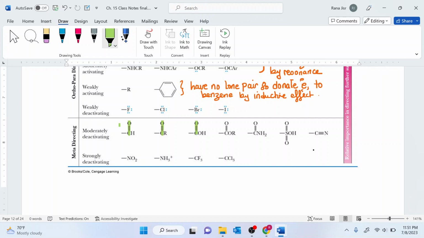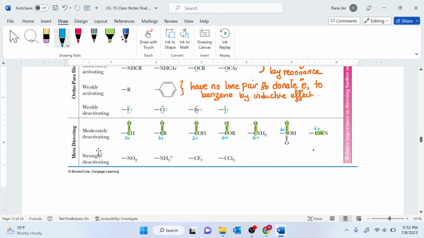It's either carbonyls, a double bond to O, or a triple bond. These are the moderate ones. And all of those will be connected to the benzene with their partial positive carbon. Okay, this one over here is partial positive, and this one is partial positive as well.